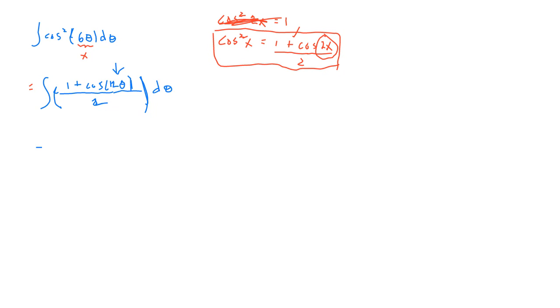And so it turns out that we're going to have the integral of 1/2 plus cosine of 12 theta all over 2 d theta.